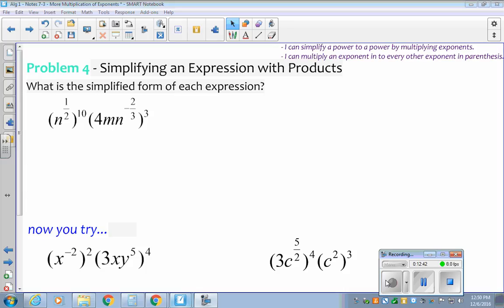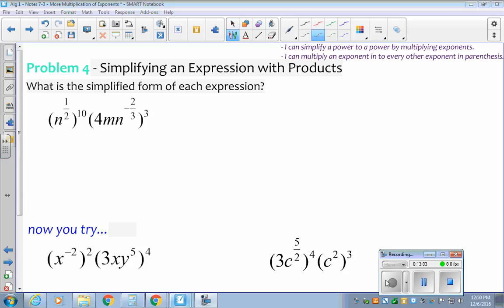Okay, so this is the worst case scenario when you have a bunch of things running around, but we are going to use what we know about the properties. When we have exponents and we're raising them to more exponents, we're going to multiply them. When we're multiplying the same bases, we're going to add the exponents. So let's raise the power to the power first.